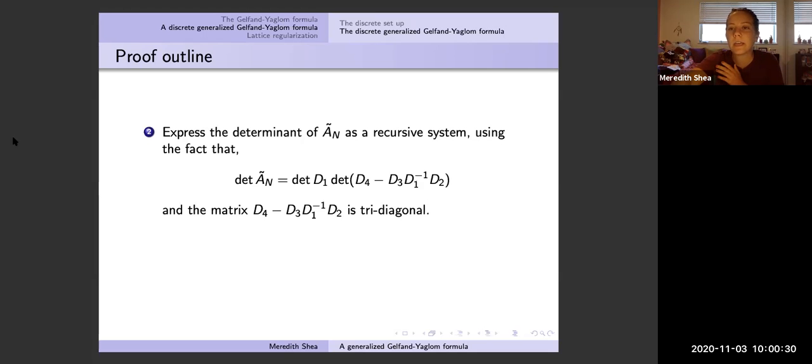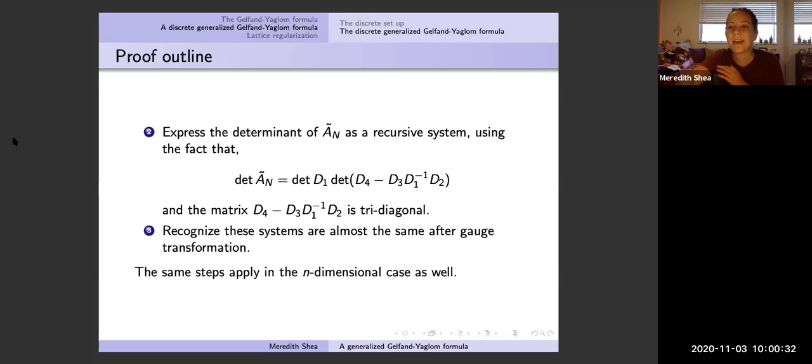And then kind of the kicker of this whole proof is that these two recursive systems we have are almost the same after a gauge transformation. And when I say almost the same, there's a few differences, and you can probably guess what they are when we have mixed derivatives. So when we have those derivatives of h with respect to p and q, those float around.